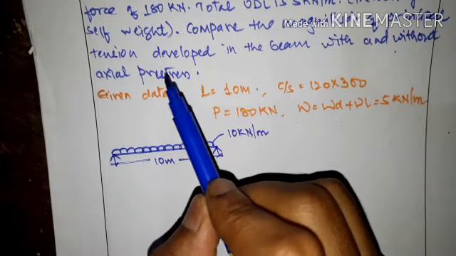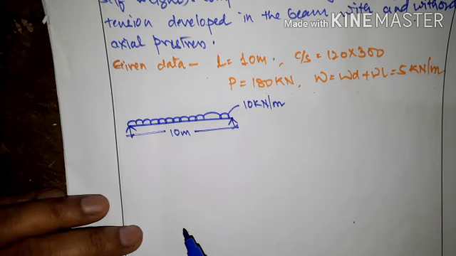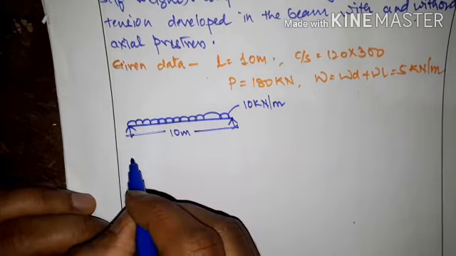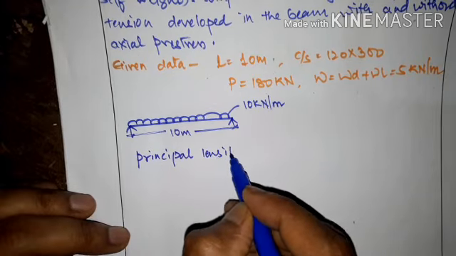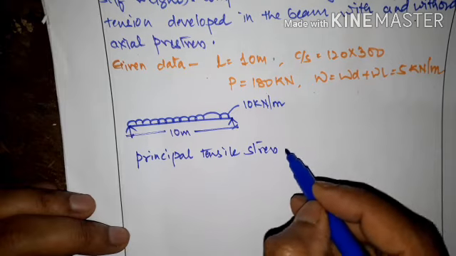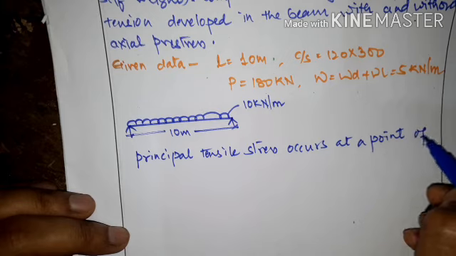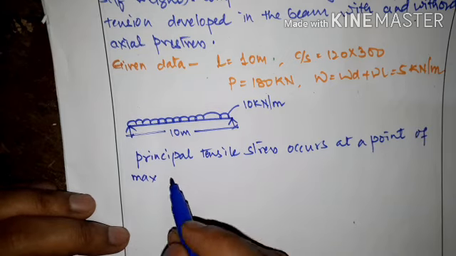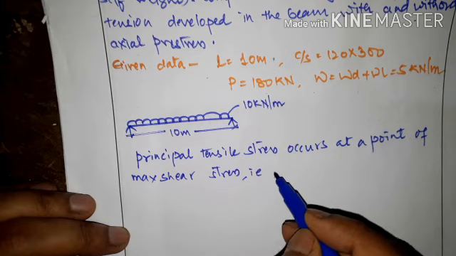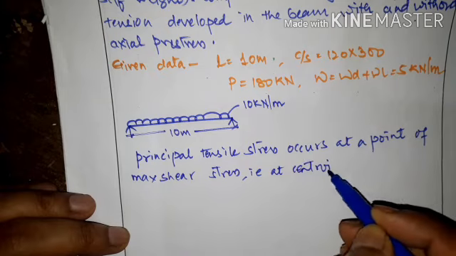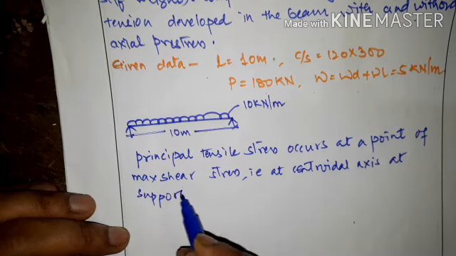Okay, so I will write once again the important note I gave in the previous session: principal tension stress or tensile stress occurs at a point of maximum shear stress, that is at the centroidal axis at the support section.